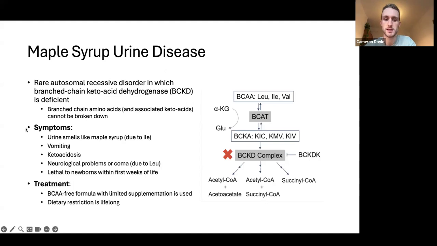And the reason for the name is that essentially your urine apparently smells like maple syrup due to a buildup of isoleucine. I don't think this is a very common disorder, really, but it's important from a basic science understanding point of view. Yeah, it's not good. It causes neurological problems and ketoacidosis, and you have dietary restriction lifelong as a treatment.